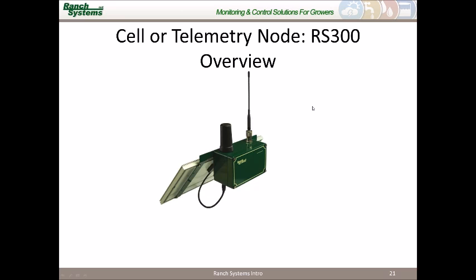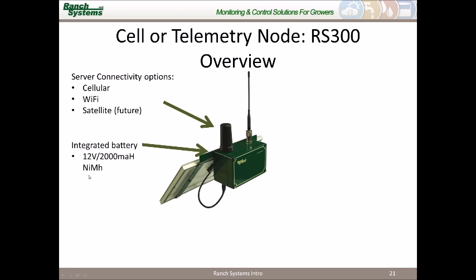So this is what an RS-300 looks like. We have server connectivity options, cellular, Wi-Fi, and there is the potential in the future for satellite. However, it's not there at the moment. The integrated battery, which is this unit has a 12-volt 2 amp hour or 2,000 milliamp hour battery in the internal here.